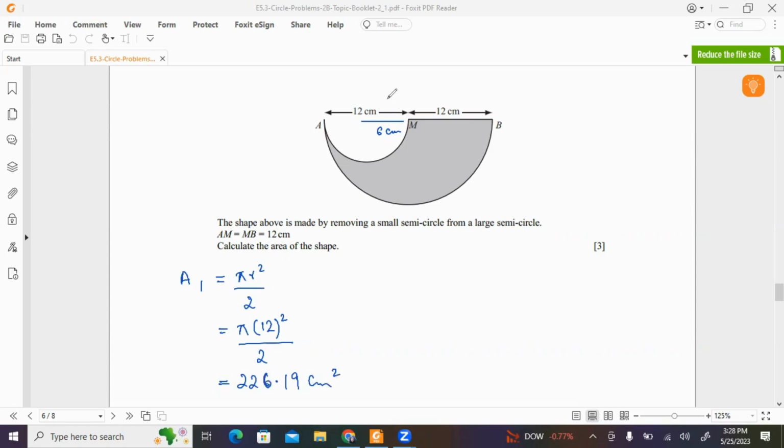Then we find the area of the small semicircle. Large semicircle, small semicircle. So that's going to be pi r squared over 2. But now your r squared value is going to be 6 squared.